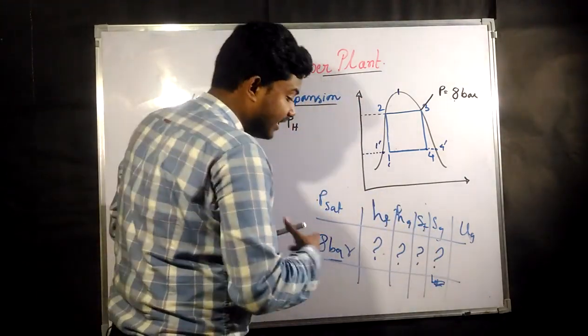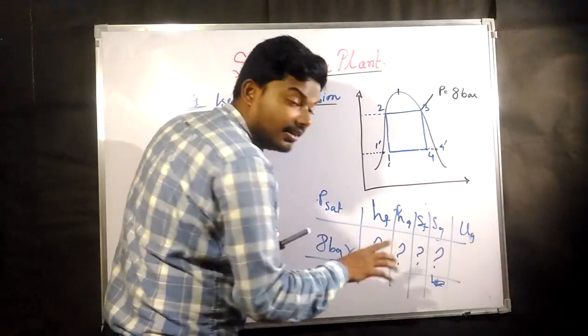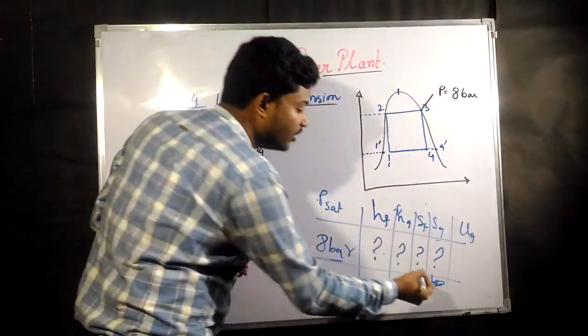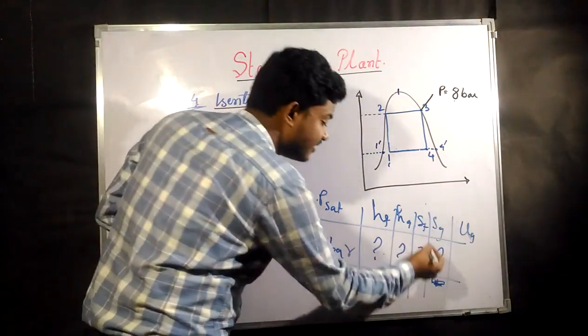So the entropy at the gaseous state, that means the entropy at this point, is going to be given. And SF is what?